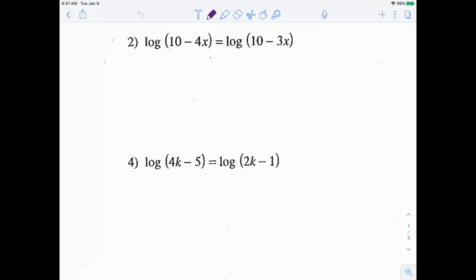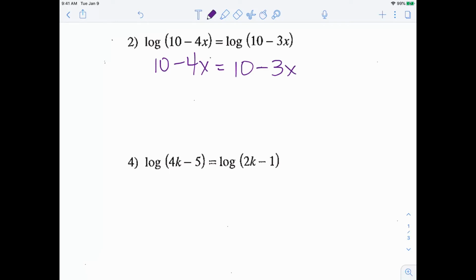Hi guys, we're going to do a few examples from the solving logarithmic equations worksheet, and I'm going to start with number 2. When you have an equation where you have a log with the same base on both sides, because they have the same base, they simplify out. So really this equation will just become 10 minus 4x equals 10 minus 3x.